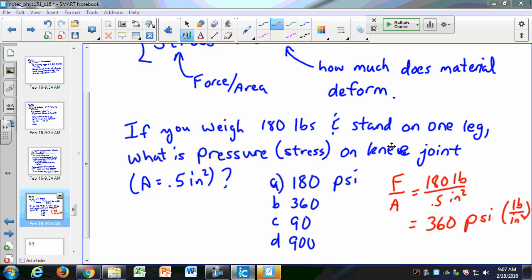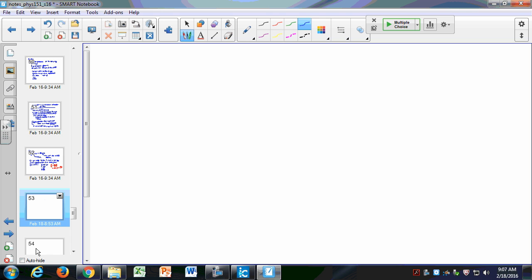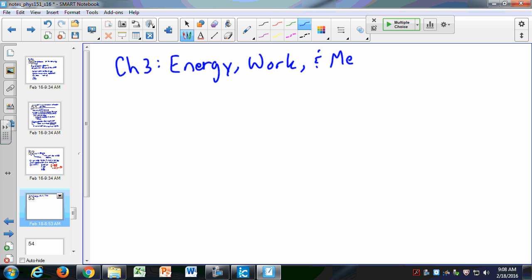First of all, we just need to get a few definitions out of the way. Define what is energy. So chapter 3 is on energy, work, and metabolism. Energy, loosely defined, is the capacity to do work, or the ability to do work.